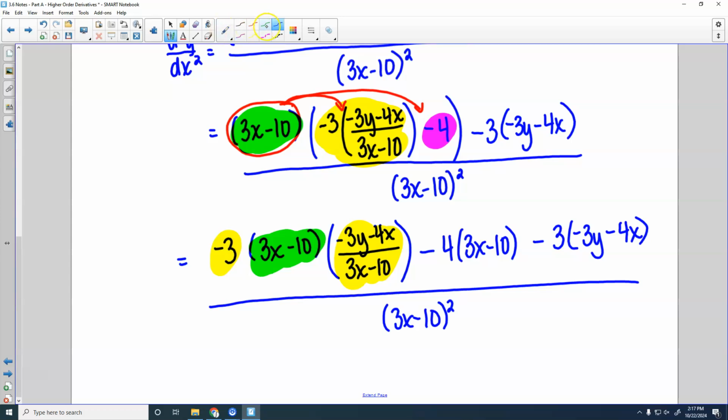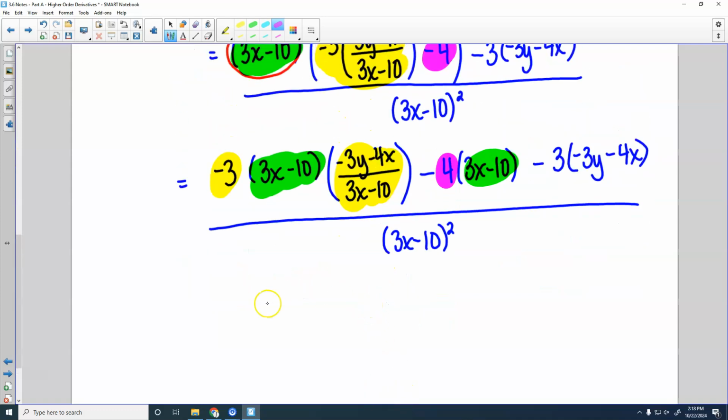And so right here, I've got the 3x minus 10 multiplied by that pink part right there, right? So I just took this green stuff and I distributed it to the yellow stuff and to the pink stuff right there. So the reason that I decided to do it this way is because when you do this, this stuff right here does not have a denominator, so it's in the top of the fraction, right? What can happen right here with this 3x minus 10 and this 3x minus 10? They will cancel out.